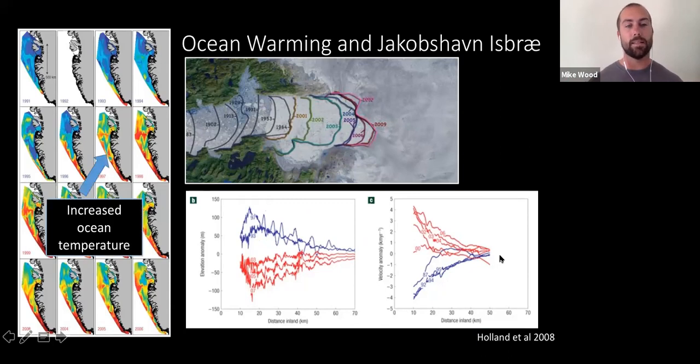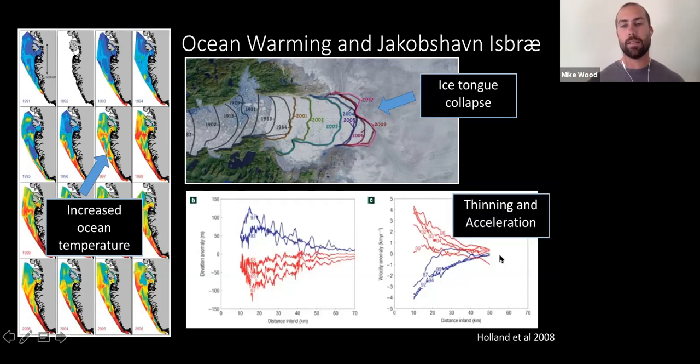So what we really see is starting around 1997, 1998, as that heat was starting to spread, then we have the ice tongue collapse, and then after the ice tongue collapse, we see a thinning and acceleration of the glacier itself. So this was an indication that small changes in the ocean could have big changes on the ice.